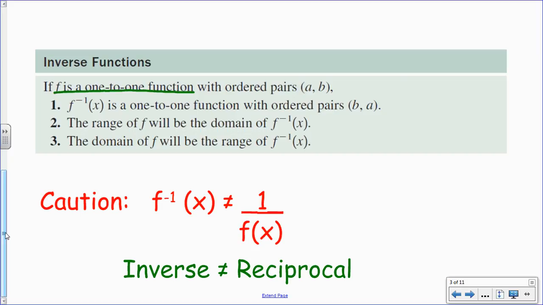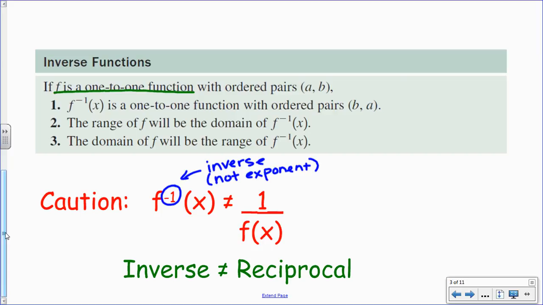So f inverse of x does not mean reciprocal. So when the negative 1 is here, between your f and your x, it is not an exponent. So that means inverse, not an exponent.